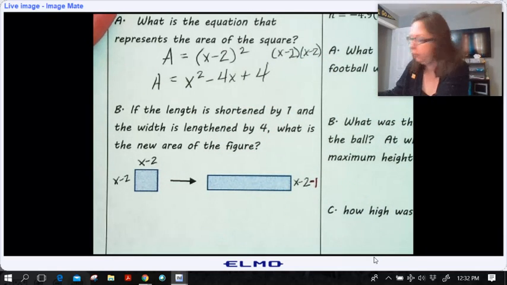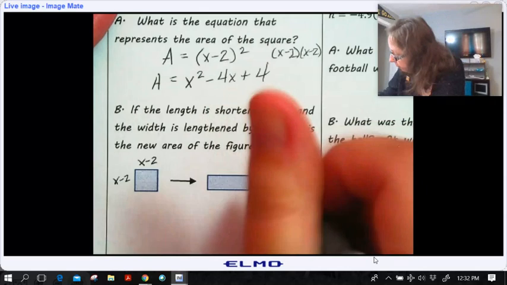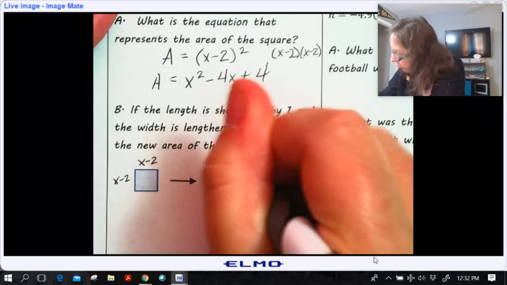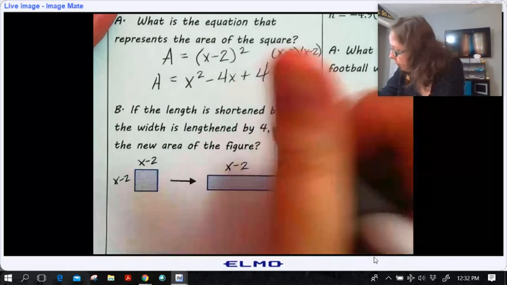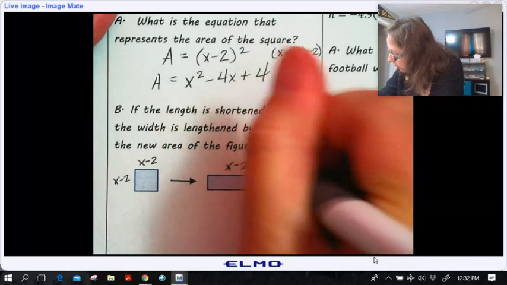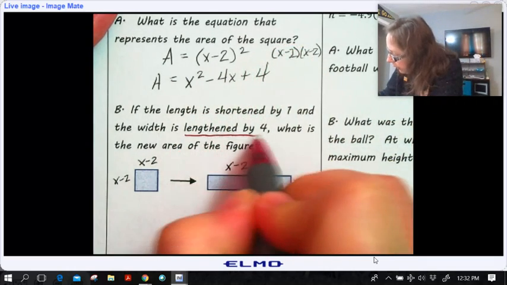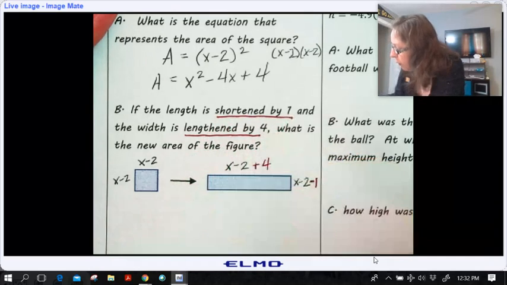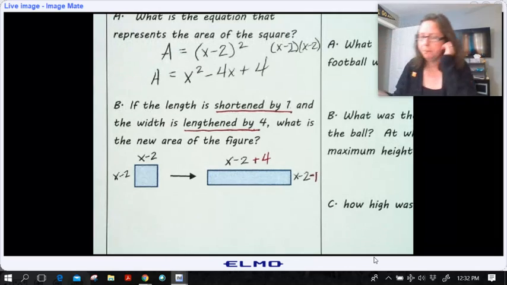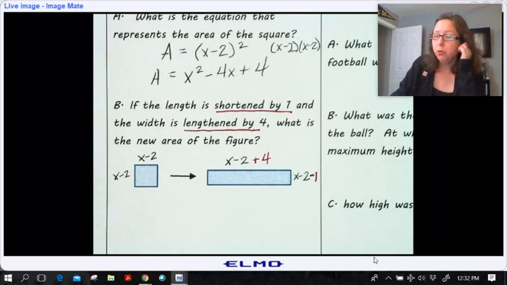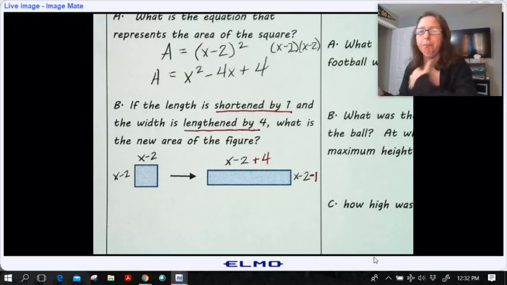And then this was also x − 2. But what if I lengthen that by 4? Okay, lengthen by 4, shorten by 1. So that means plus 4, minus 1. Okay. What is the new area of the figure?